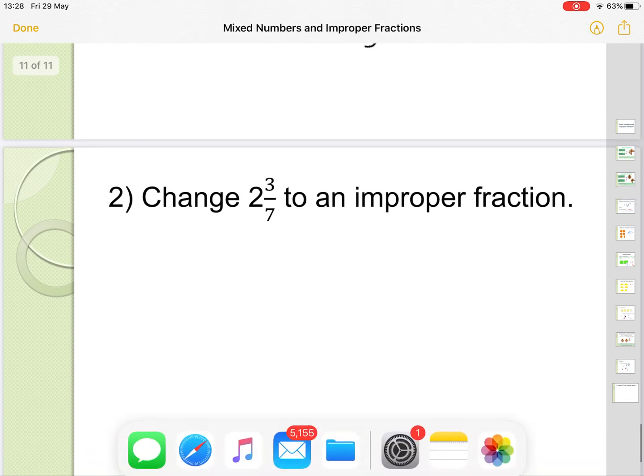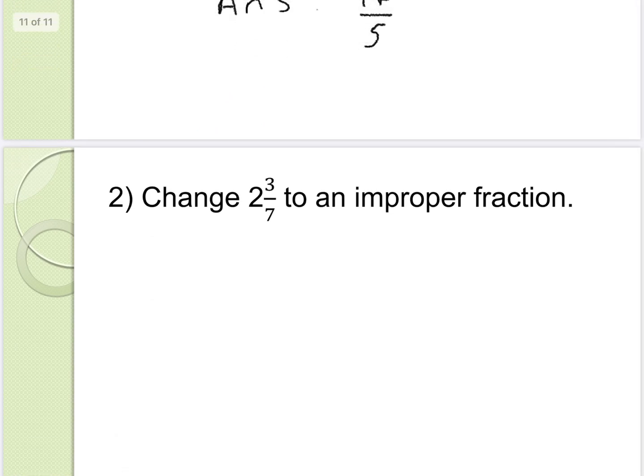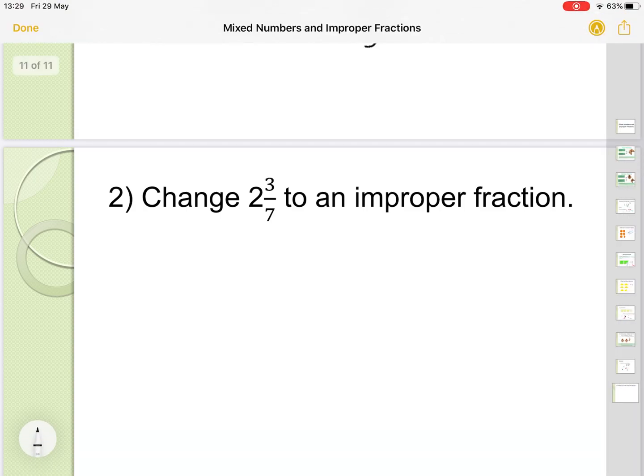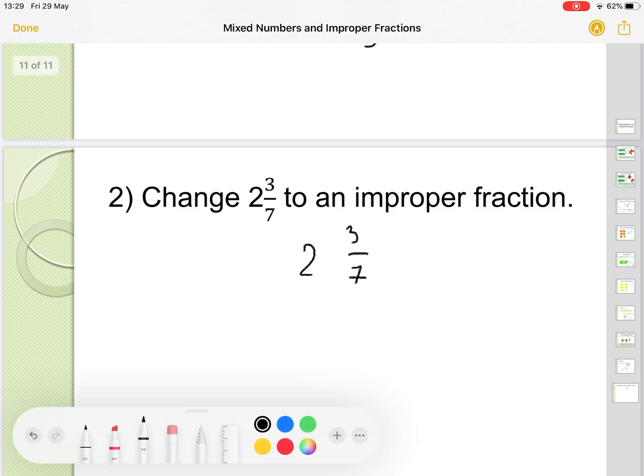Okay, boys? Let's work another example. We need to change 2 and 3/7 to an improper fraction. So let's write it down again: 2 and 3 all over 7. 2 is the whole and 3/7 is the proper fraction.